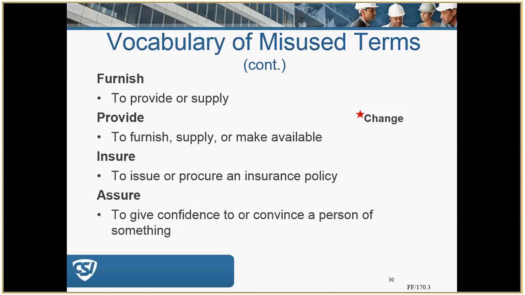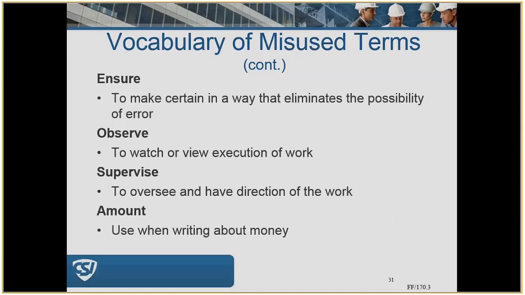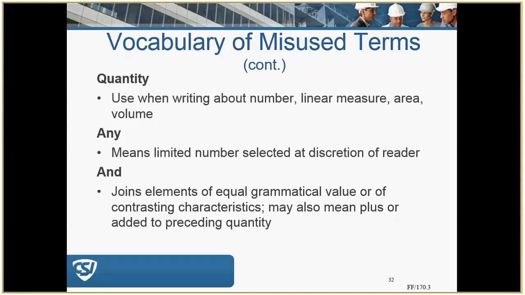And that's one of the great values of having your Division 1 documents for administrative and procedural requirements control the technical specifications that follow. Use the term amount when you're talking about money. If you're talking about number of items, use the term quantity. Again, any means a limited number selected by the discretion of the reader. Keep in mind that "and" joins things together.